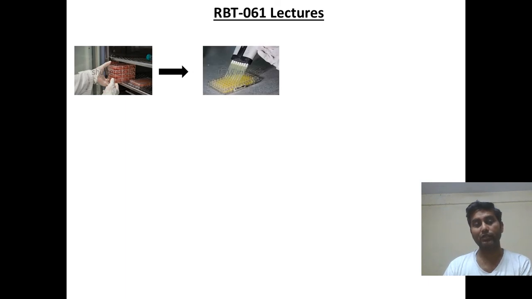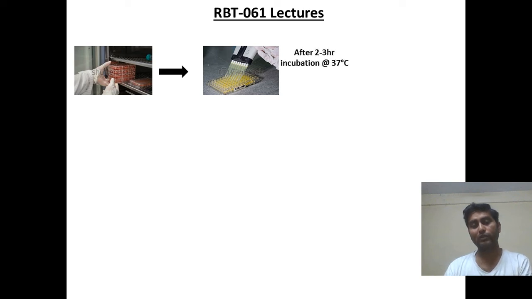We'll add MTT in either of two ways: either we remove the whole drug-added media, or in the same drug-added media we'll add 10 microliter of the MTT solution. After adding MTT, the plate should be wrapped with aluminum foil, because MTT is a light sensitive chemical, and then we'll keep it in the incubator.